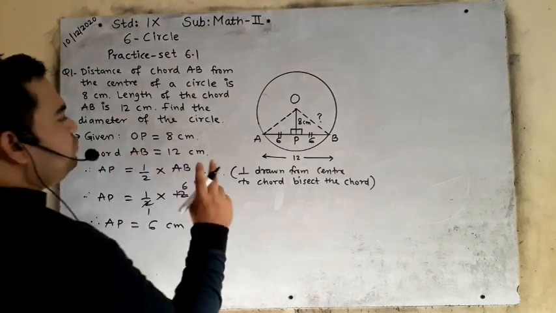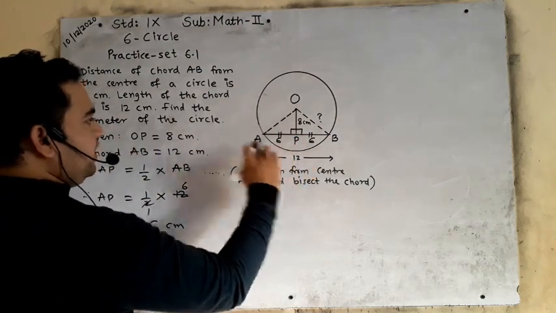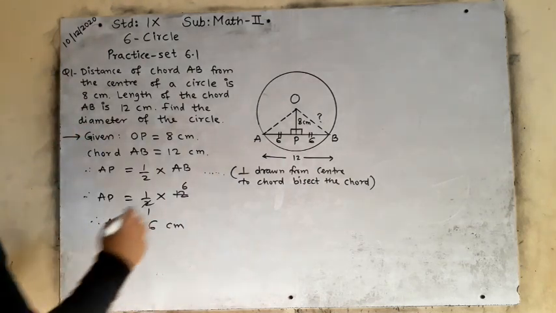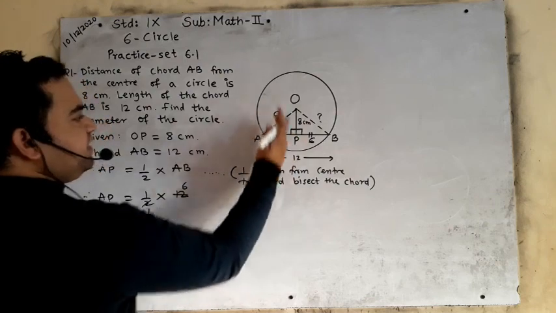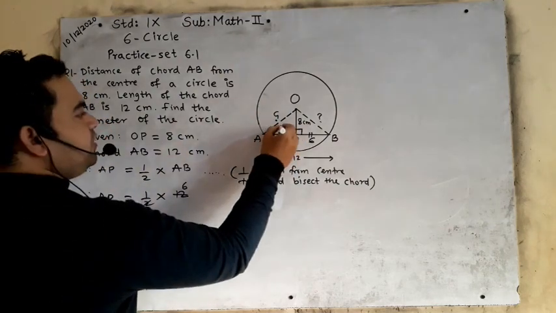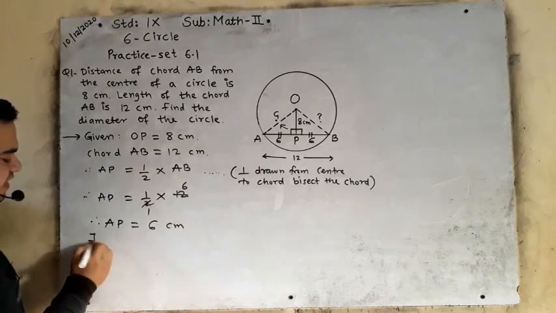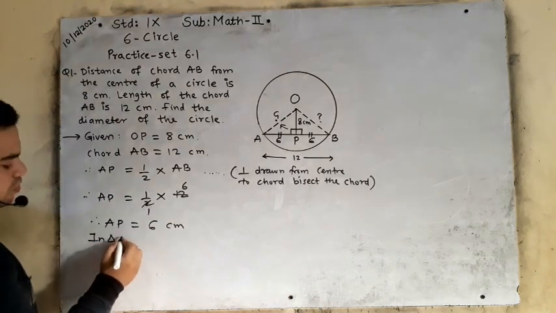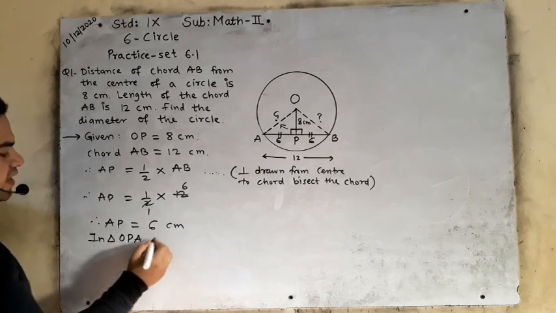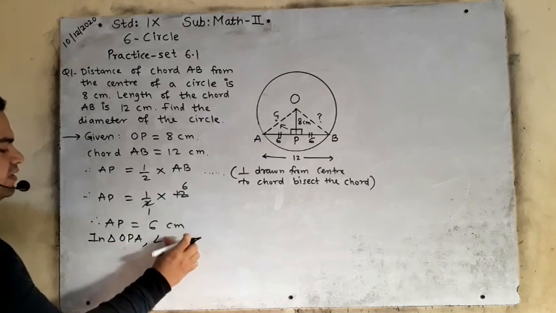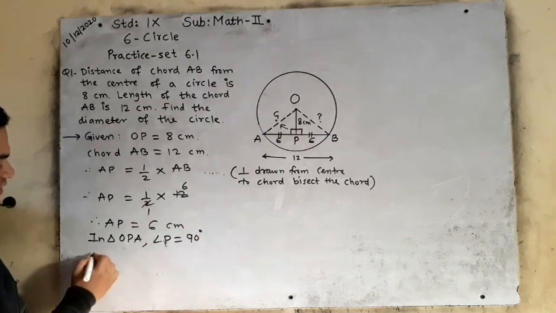Now we have the two sides: OP 8 centimeter and AP 6 centimeter. So can we find this? Yes or no? It is a right angle triangle and this is the hypotenuse. OA is the hypotenuse. So in triangle OPA, angle P is equal to 90 degrees.